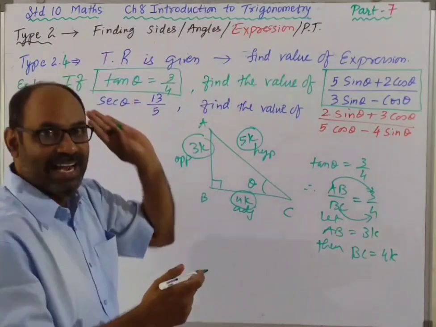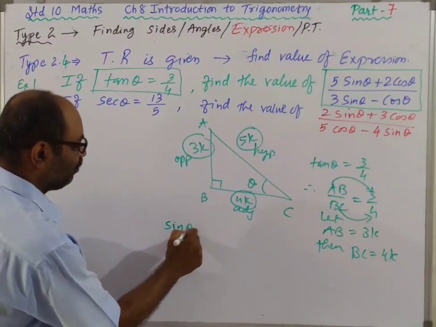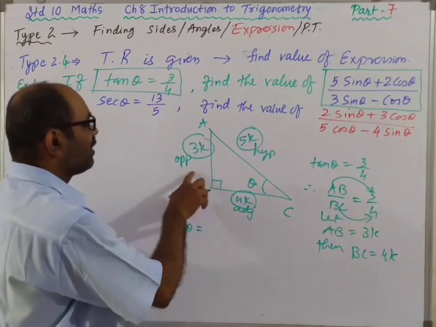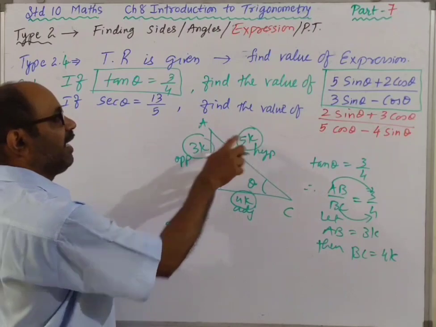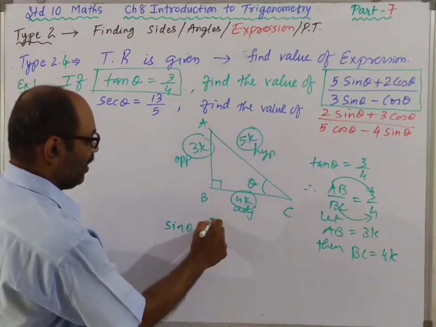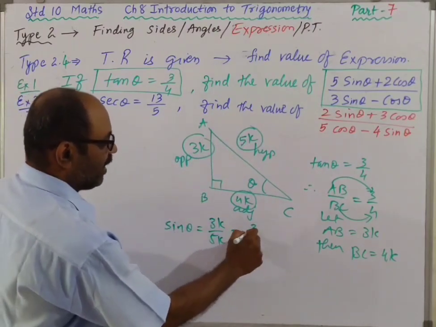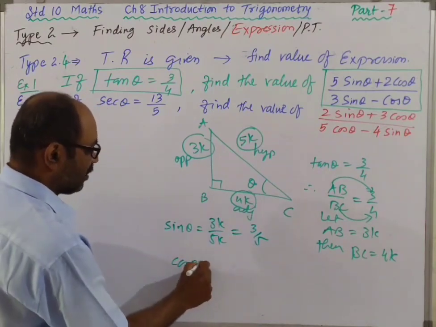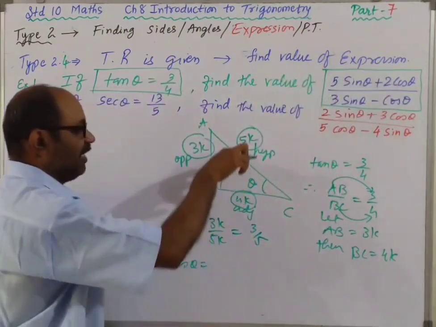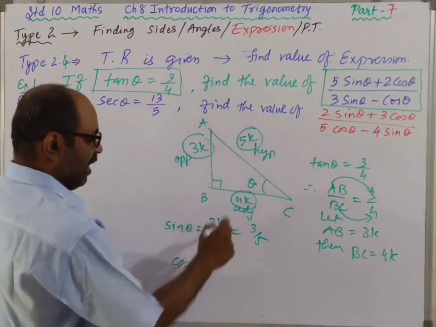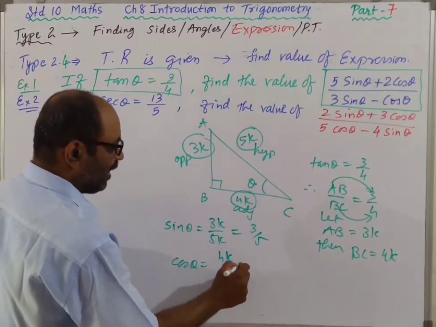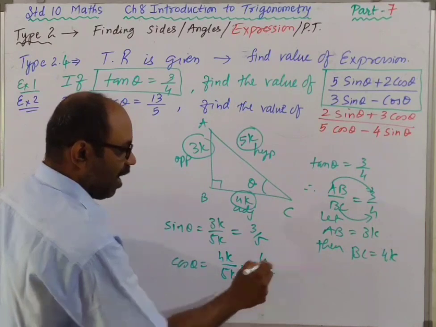Now you can find out sine theta. What is sine theta? Opposite upon hypotenuse, 3K upon 5K. That gives me 3 upon 5. And next you need cos. So cos theta is adjacent upon hypotenuse, that is 4K upon 5K, that is 4 upon 5.